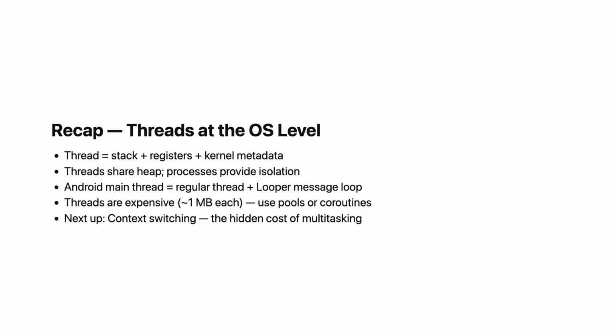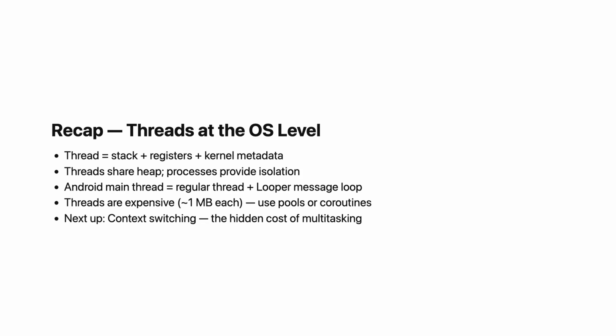Let us pull it all together. A thread is not magic. It is a stack, a set of register values and a kernel data structure. The operating system manages all threads, scheduling them onto CPU cores and switching between them rapidly to create the illusion of parallel execution. Processes provide isolation. Threads within a process share memory.